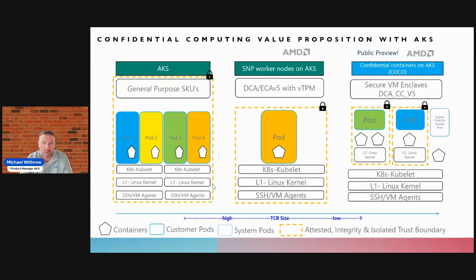And what we're going to talk about in depth today is the third rung over here on the right, which is confidential computing, in short called CoCo, which is secure VM enclaves, which really do encryption around the pod. As you can see, it moves up the stack and segments out the kernel and the kubelet from the topology.